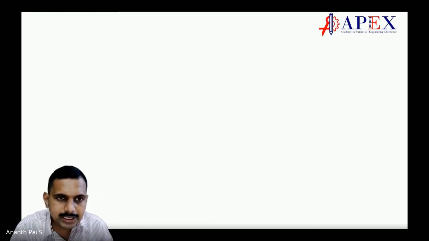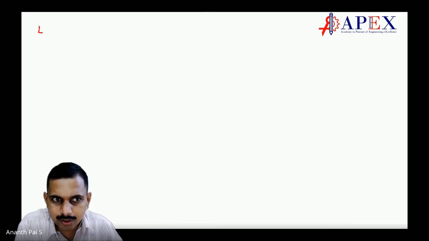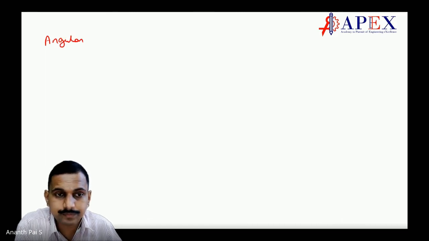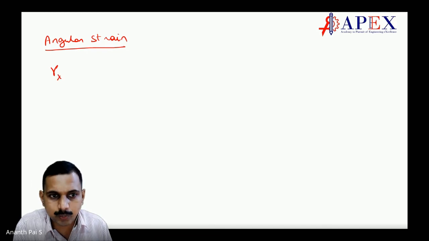So let us have translation. First, we had linear deformation, correct? Or let us summarize the rotation, or strain rate, or angular strain rate. If I consider angular strain, it is in three directions also, correct? So there is gamma xy.